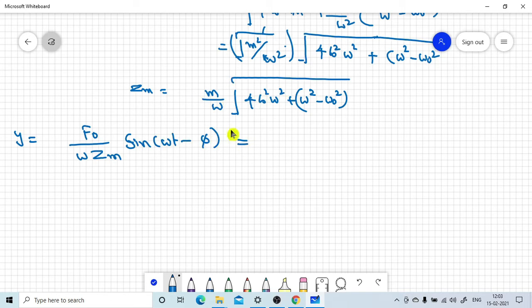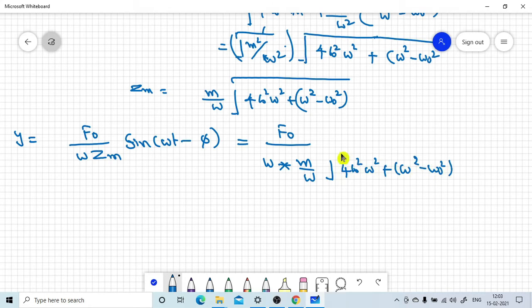Now if we substitute the Zm value in this equation, what will we get? f naught divided by omega, multiplied with m by omega times the square root of 4b square omega square plus omega square minus omega naught square. This omega both will cancel.